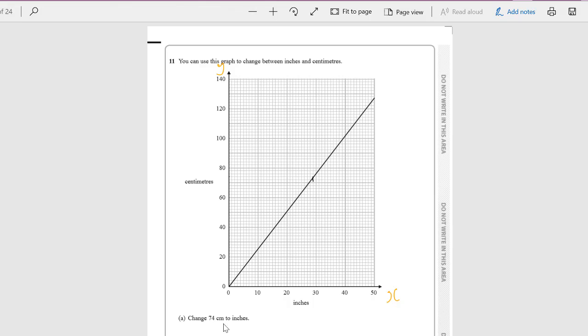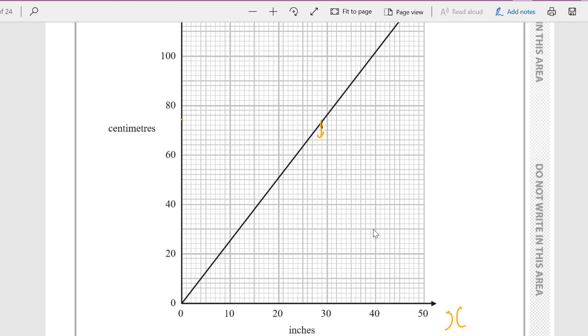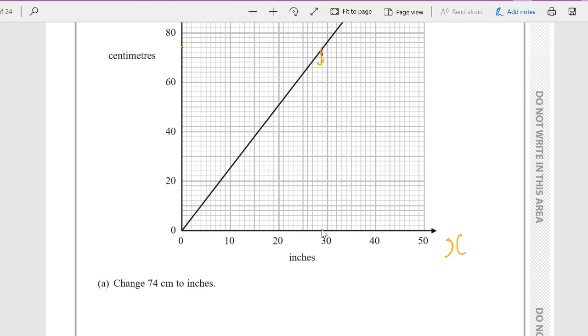So you can see that you have to take that into consideration. So it says change 74 centimeters to inches. So 74 is here. If we just follow that line, come about here, and then we'd go all the way down, and it would come there.